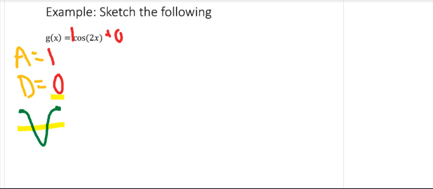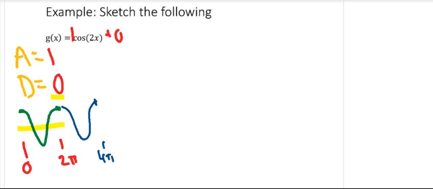And now let's talk about 2x. We need to understand that in order to do one period or one cycle, it starts at 0 and then it goes to 2 pi. That's how long it takes to repeat. If we were to continue this graph, it would look like this, and then over here it would be again another 2 pi, so it would be 4 pi.